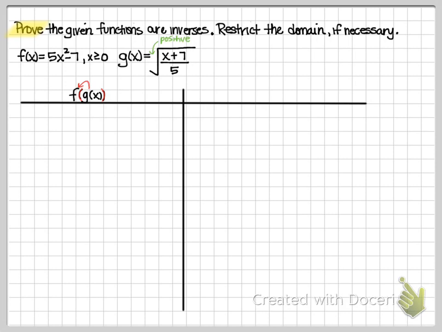So I'll have my 5, and then wherever I run into an x, I'm just going to put a big hole there. And then finish writing the f function. So basically this should look like the f function with the x kind of ripped out. Now, in the x's place, I'm going to put all of the g function.